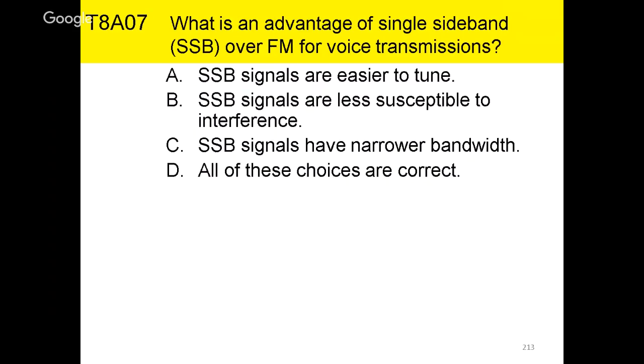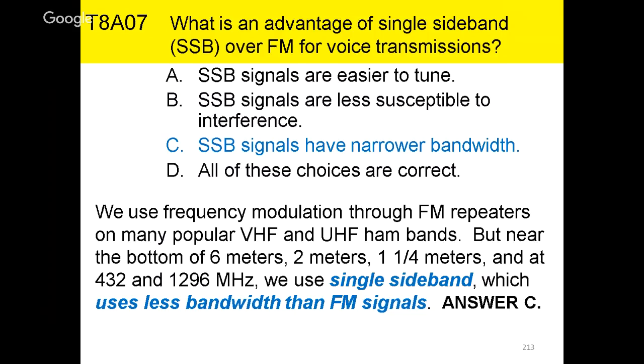All right, what is an advantage of single sideband over FM for voice transmissions? Now, there's a particular width that a signal will occupy based on the mode of modulation that you use. The primary advantage of single sideband over FM is that single sideband definitely has a narrower bandwidth.